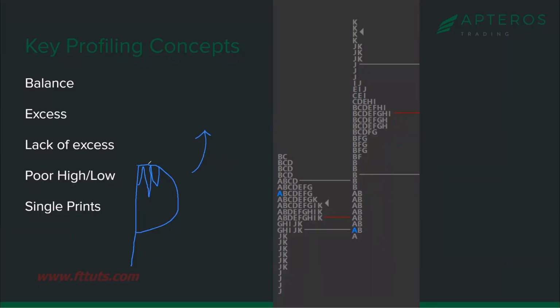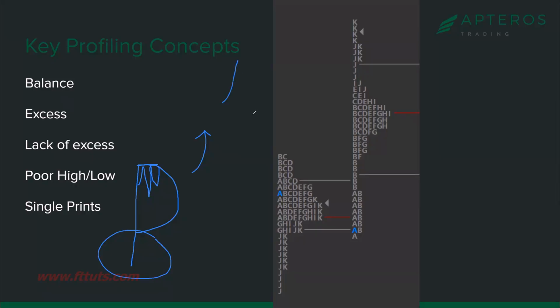And the profile shows us this dynamic with a lack of excess at the high. A lack of excess is very important because excess signifies where we have what we call kind of a secure, in this case, low, and we would have an unsecure high. It's vulnerable. A lack of excess signifies that the auction process, remember the auction process where we went higher?